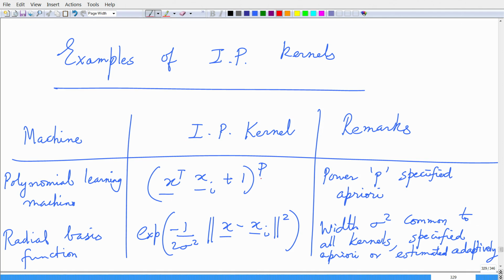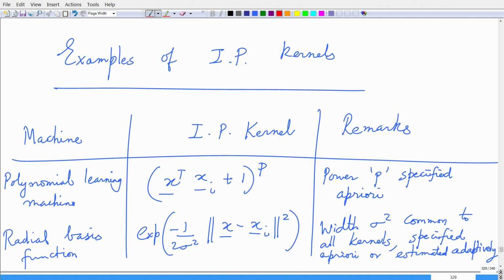The power p can be specified a priori. If p is large, the number of terms in this binomial expansion tends to be large, therefore naturally I will be getting into a higher dimensional space, and therefore I can hopefully guarantee a linear classifier that can separate the patterns.